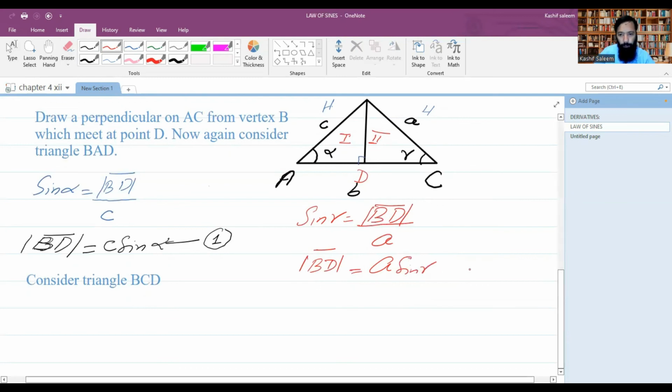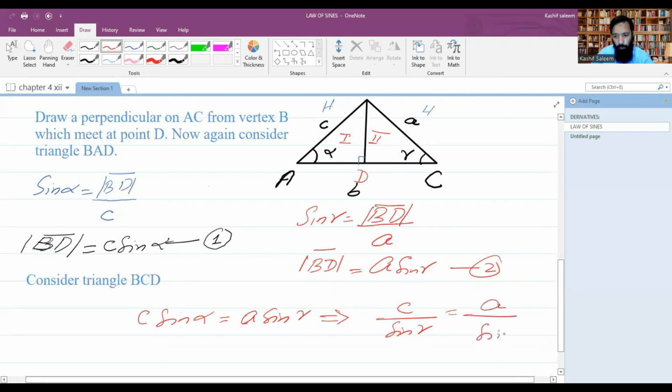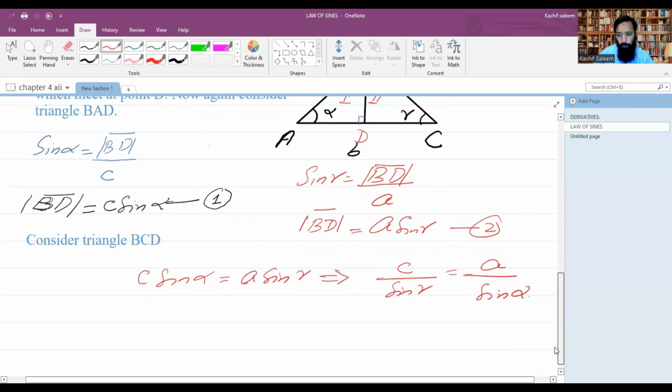This is equation 2. Again, by comparing, c sine alpha is equal to a sine gamma, which implies that c upon sine gamma is equal to a upon sine alpha.